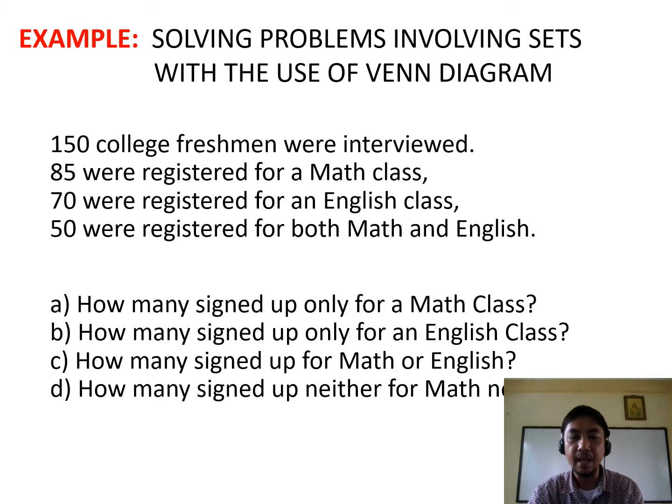The question is, how many signed up only for a math class? How many signed up only for an English class? And how many signed up for math or English? And how many signed up neither for math nor English? So, mas madali siyang masolve kung tayo ay gagamit ng Venn diagram.